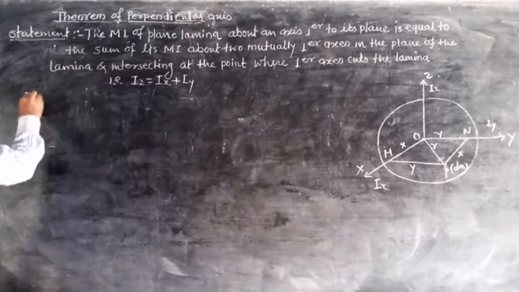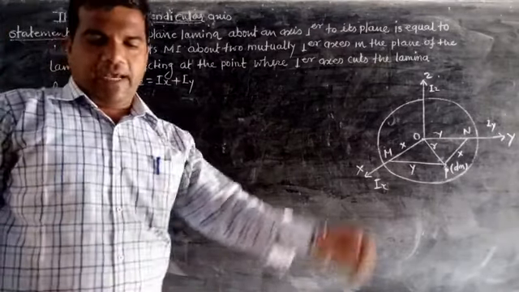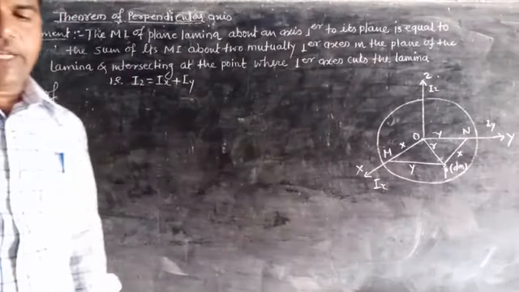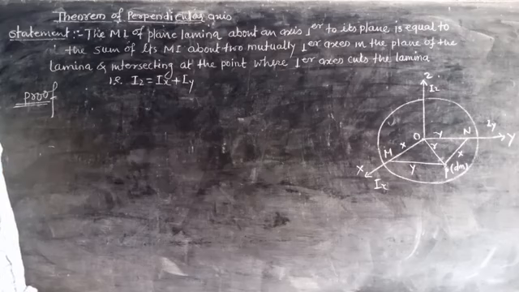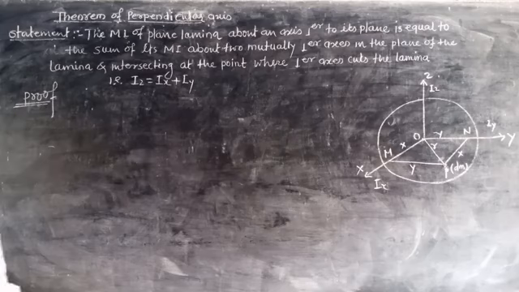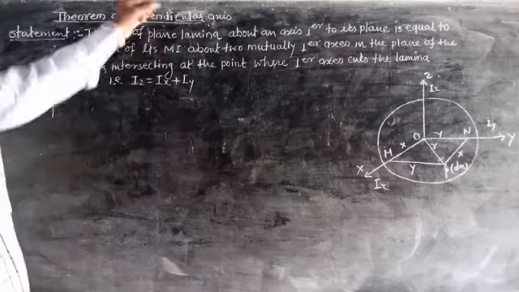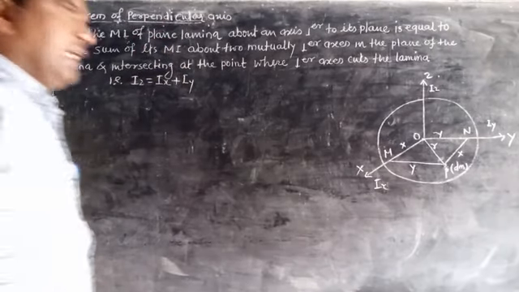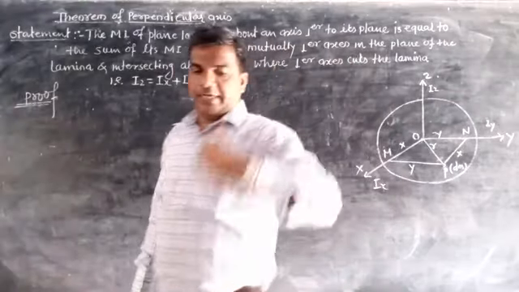Proof: consider a plane lamina rotating about an axis perpendicular to its plane. Let OX and OY be two mutually perpendicular axes. OZ is the axis passing through the point of intersection of OX and OY and perpendicular to the plane of the lamina. Let Ix, Iy and Iz be the moments of inertia about the x, y and z axes.